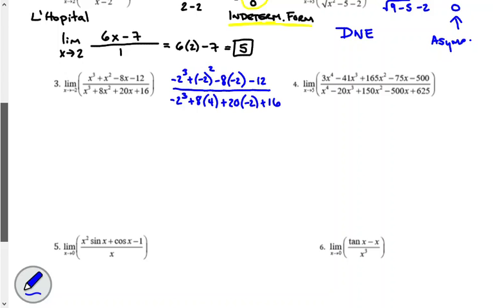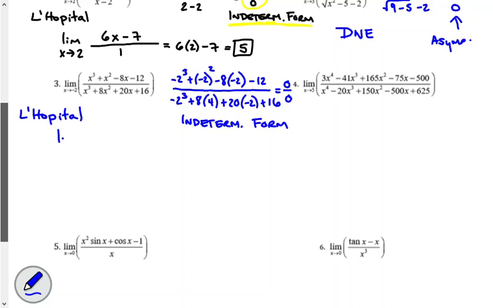But I think it ends up being 0 over 0 for this one. So if that equals 0 over 0, what I have is an indeterminate form. Which then means, all right, cool, I can apply L'Hopital's.